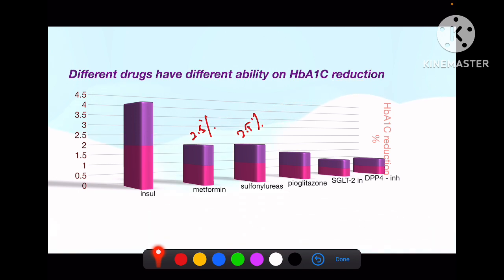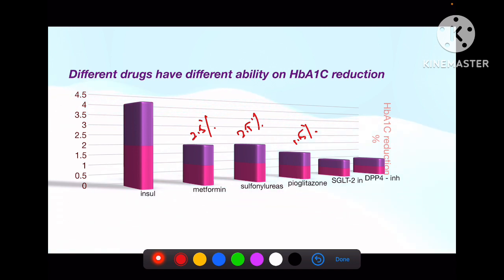Then the other one is, as I told you, pioglitazone. Pioglitazone has an HbA1c reduction ability of at least 1.5%. And all the new drugs, like SGLT2 inhibitors, DPP4 inhibitors, and GLP agonists, right?